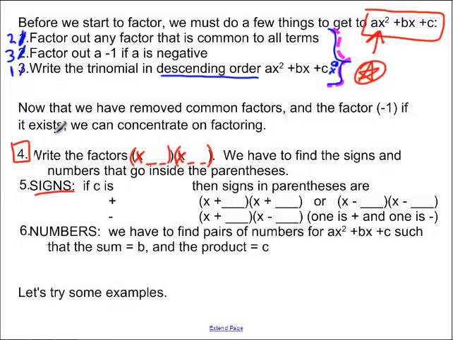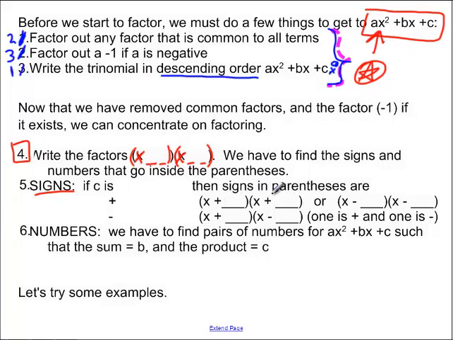After we do that, we follow steps 4, 5, and 6: write the factors, x minus or plus something, and x minus or plus something. Those are our two factors right here. They're going to multiply together to get our product here. We have to determine what the signs are here and here. If c is a positive number, then this times this has to multiply together to give me c.